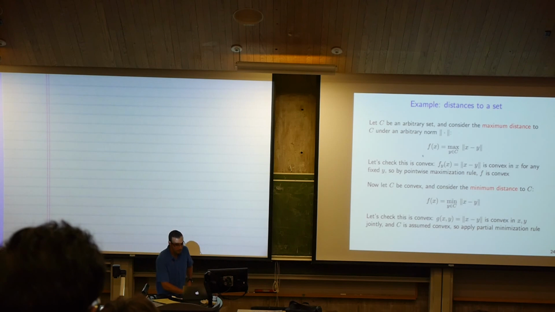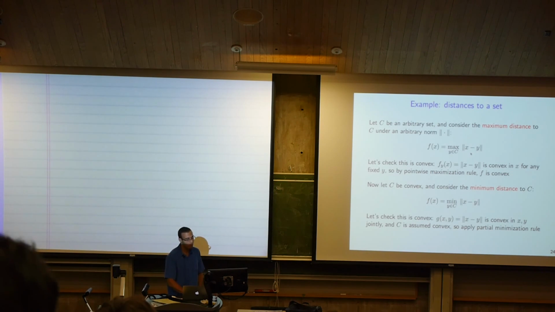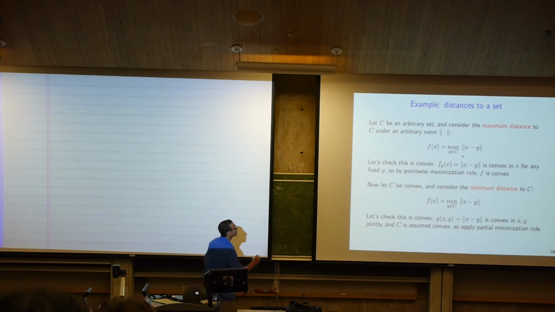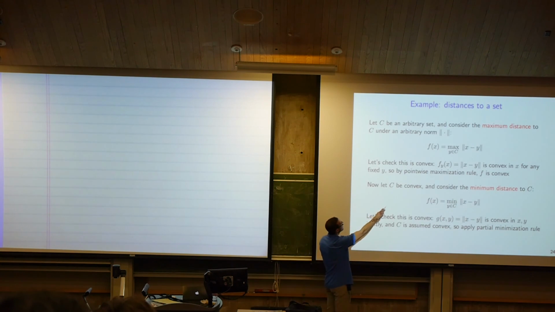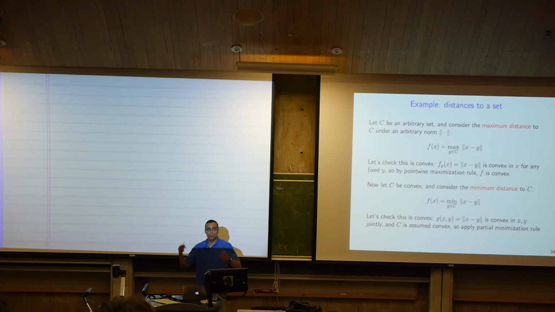Why is that the case? It's because for any fixed y, this function, the norm of x minus y, is convex. I guess we haven't gotten to the affine composition rule, but it's not too hard to check that it's convex on its own. I already told you the norm of x was convex. This is just changing the offset.